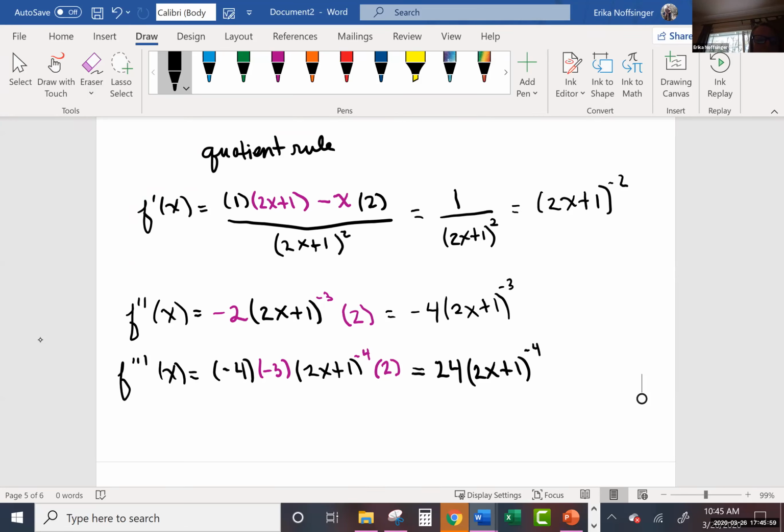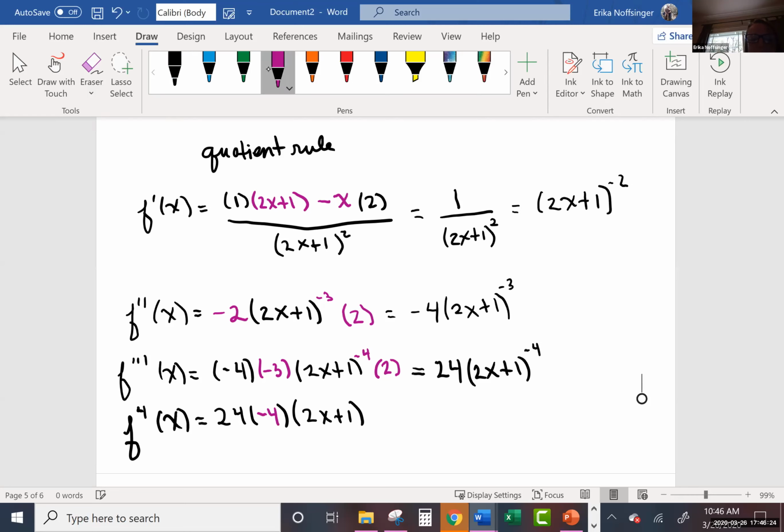So one more time. For the 4th derivative, again I'm going to use my chain rule and bring my power down front. So I have 24 times the power, which is negative 4, all times my 2x plus 1, subtract 1 from my power, so now it's raised to the negative 5th power, times the derivative of the inside, which is 2.